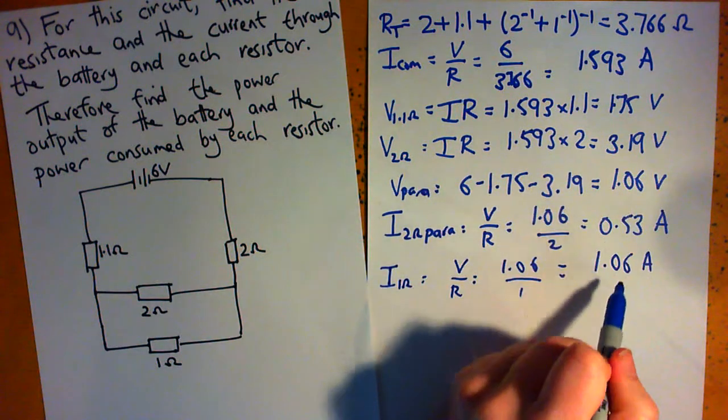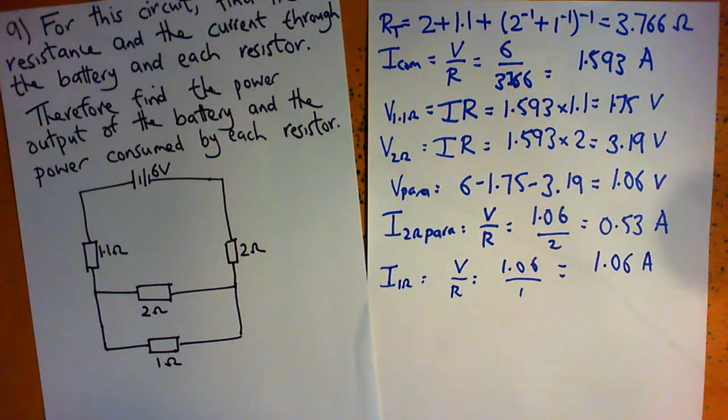If we add these two currents, 0.53 plus 1.06, we get 1.59, which is, to within round off, the common current. So 1.59 amps through the common part of the circuit, 0.53 of an amp goes through this pathway, and through the 1 ohm resistor, the remaining 1.06 amps. So now we know the current across each resistor.